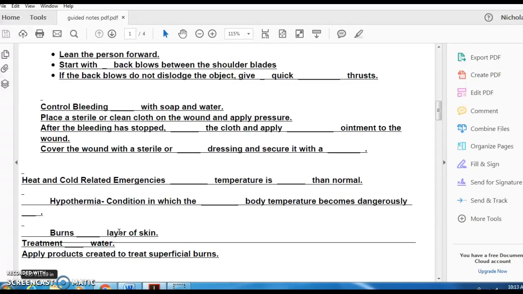This could simply be, most commonly known as, a sunburn. And treatment, we can use some cool water to help manage the symptoms, the pain, and then apply any sort of product that is created to treat superficial burns. Aloe, for example, to help with sunburn, would be an example of that.